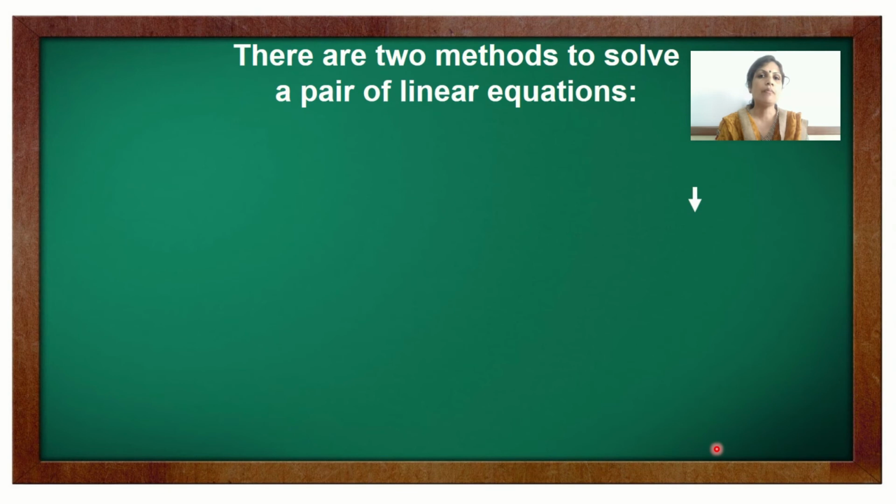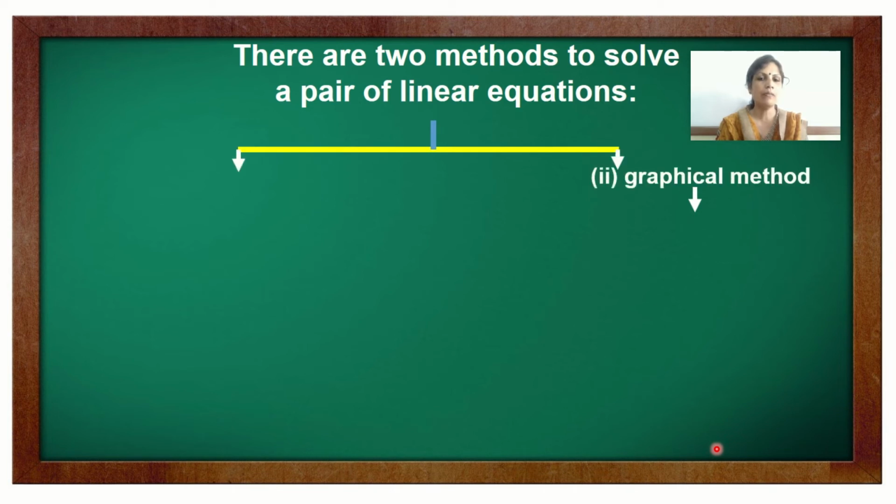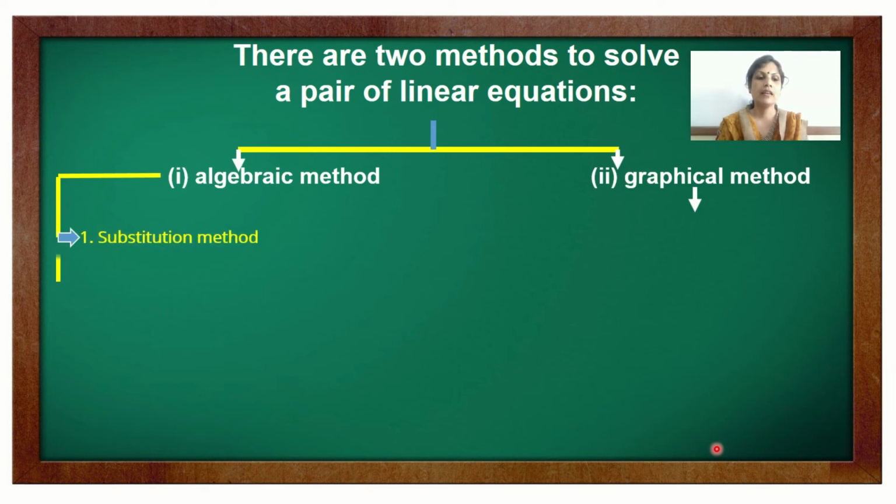Now there are 2 methods to solve a pair of linear equations. Which are these 2 methods? We have learned them in the previous year also. These 2 methods are the algebraic method and the graphical method. Now in the algebraic method there are 3 more methods: the substitution method, the elimination method, and the cross multiplication method.